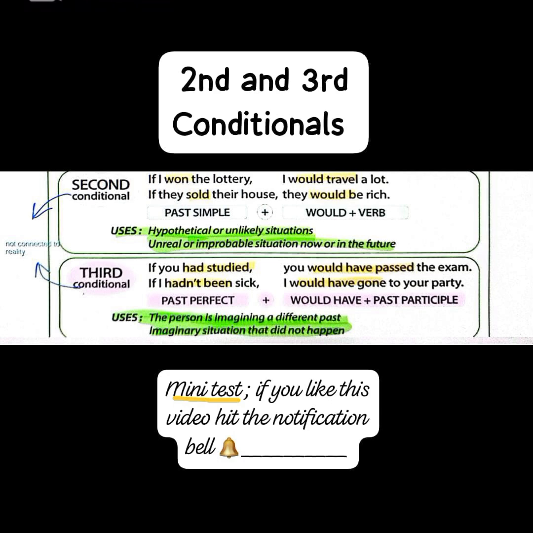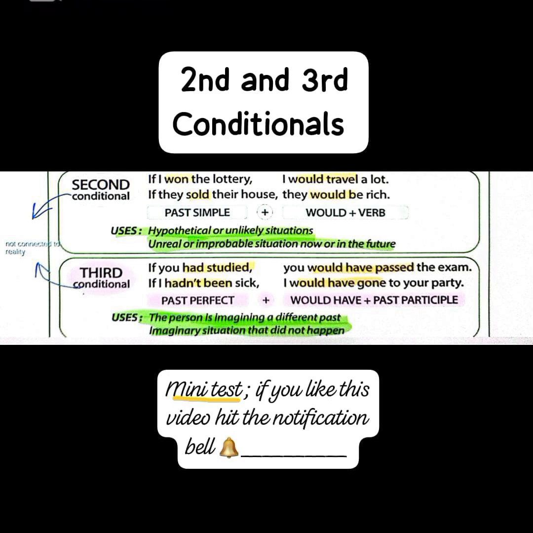Here, we are imagining an unreal situation, that if I won the lottery, as you haven't won the lottery, you can't travel. But you are just imagining or assuming an unreal situation.